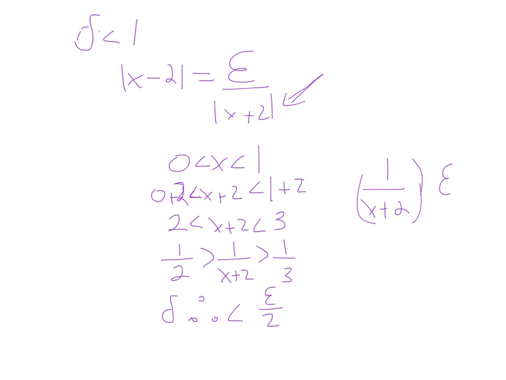However, we have also stated that we want delta to always be less than 1, and our solution has depended on that also being true. And so what happens is, every time player A chooses a number, then player B is going to have to evaluate that epsilon to see which value is smaller, the epsilon over 2 or the 1.